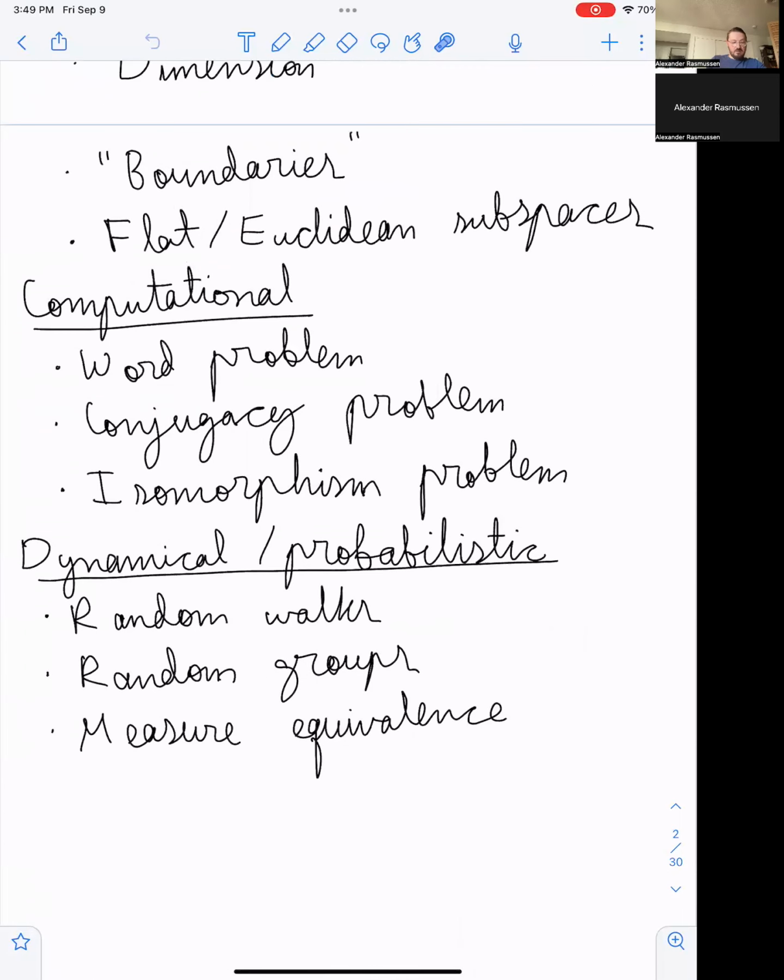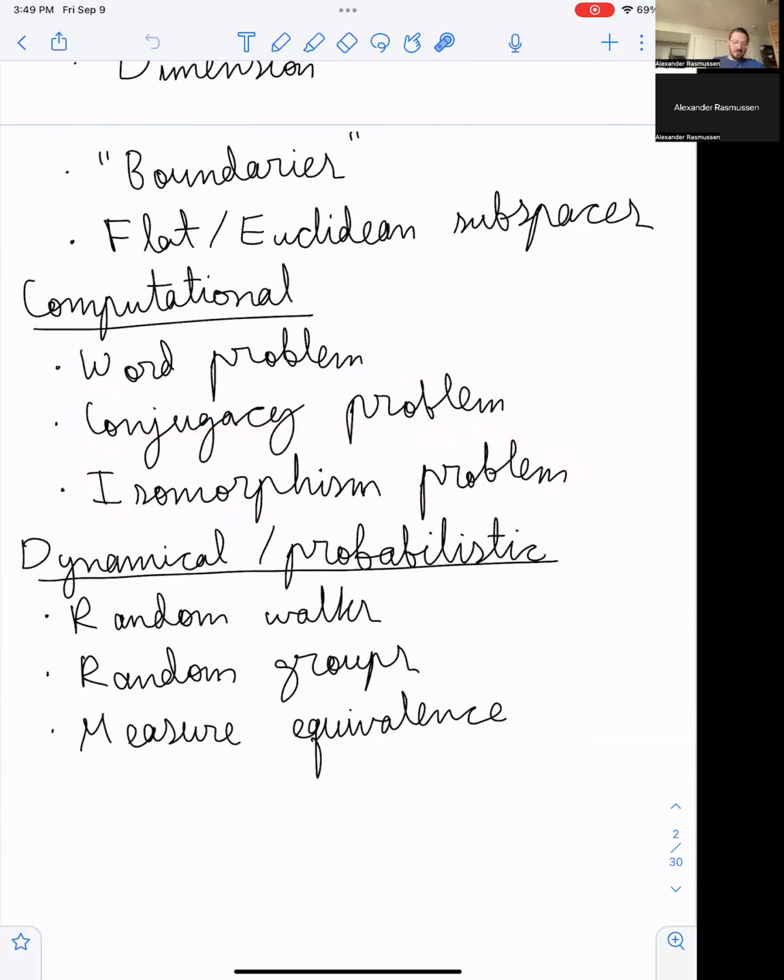You can also take a computational perspective, trying to understand how to write algorithms to tell you things about your group. And in order to do this, you need to solve some basic computational problems like the word problem, the conjugacy problem, and the isomorphism problem.